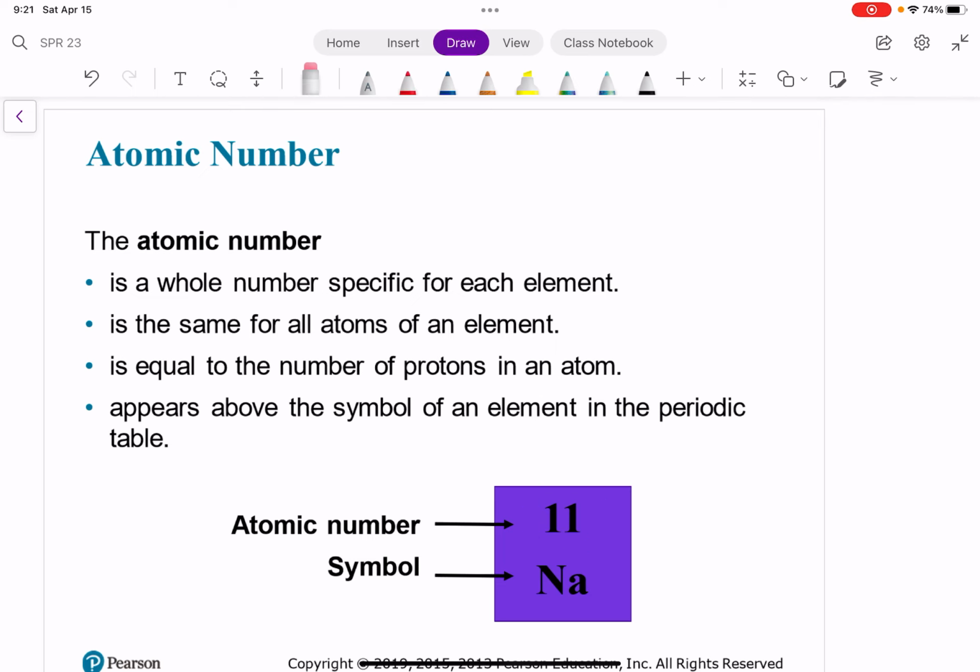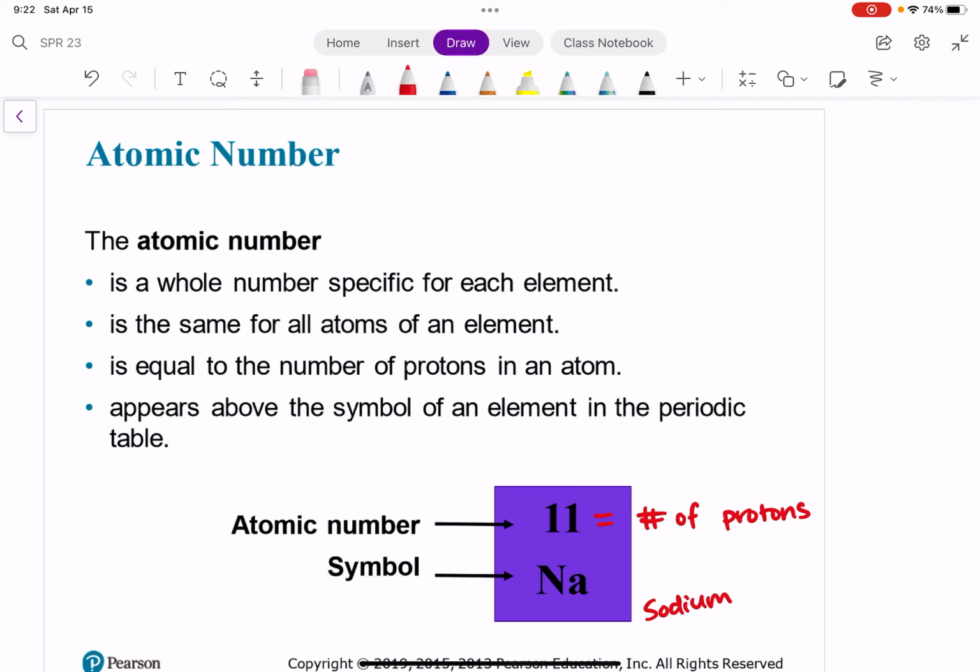Okay, so if we have an atom of sodium, sorry, I should have mentioned that Na is sodium. Sorry, it's one of those weird ones that's not super intuitive. So anytime you have an atom of sodium, it has an atomic number 11, and this equals the number of protons in that atom. Okay?